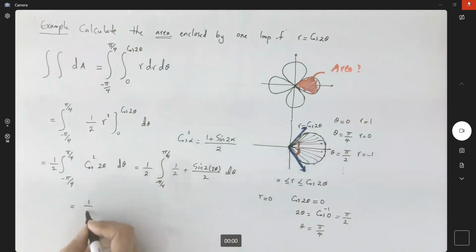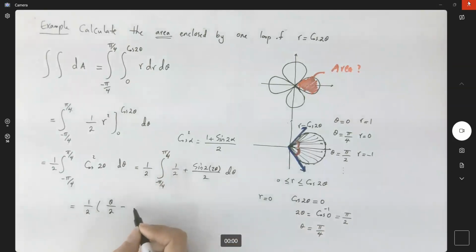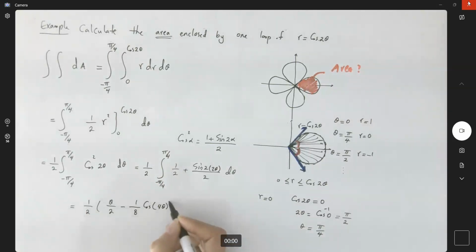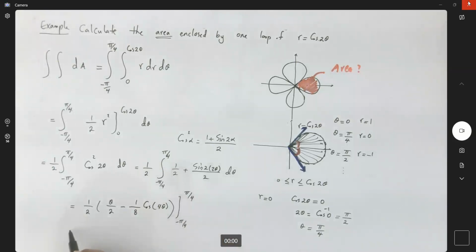So this becomes a half, and here you have theta divided by 2, and here you have plus 1 over 8 sine 4 theta, with theta bounded between negative pi over 4 and pi over 4. So if I plug in pi over 4 and negative pi over 4, theta divided by 4 gives 1/4 of pi over 4 minus negative pi over 4, or pi over 2.